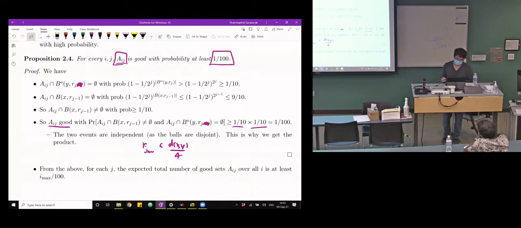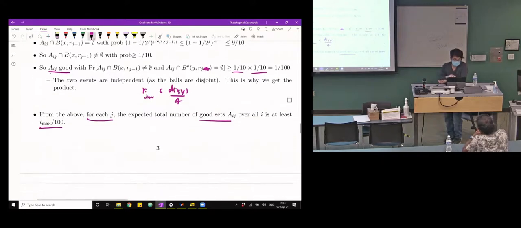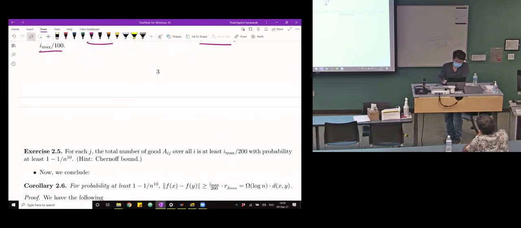And now, what does it mean? If we fix every j, the expected number of good sets is something like I max over 100, because each of them is good with probability 1 over 100. Okay.